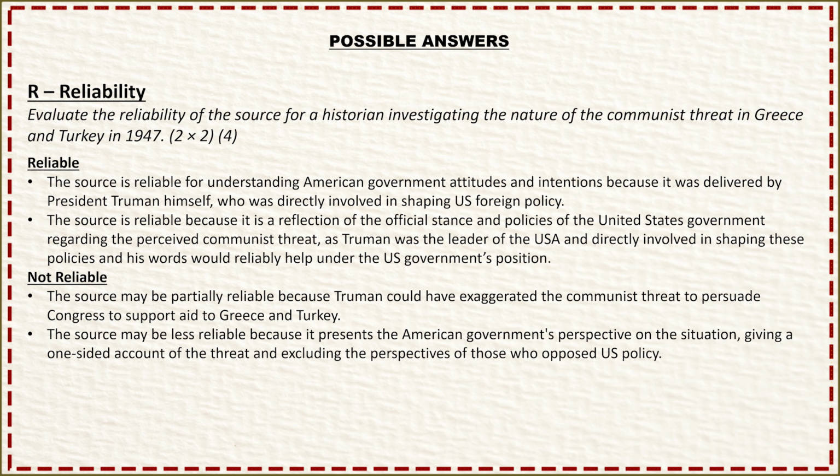The second answer can be, the source is reliable because it is a reflection of the official stance and policies of the United States government regarding the perceived communist threat, as Truman was the leader of the USA and directly involved in shaping these policies, and his words would reliably help understand the US government's position.